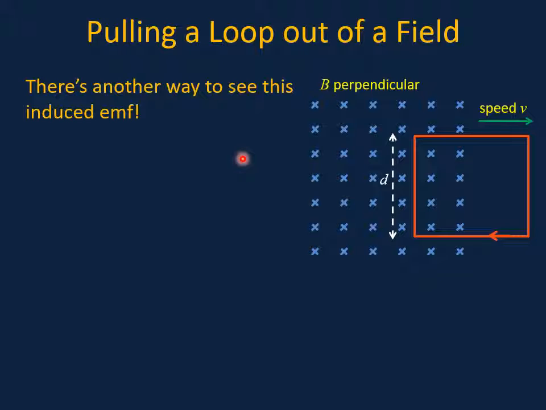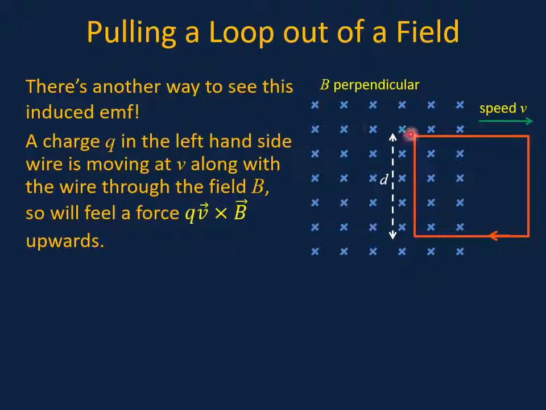There is another way of looking at what is happening physically here. This is in terms of the force felt by the moving charges in this loop. So let's consider the charge while it is moving in this part of the loop on the left-hand side, and it's moving with a velocity v.